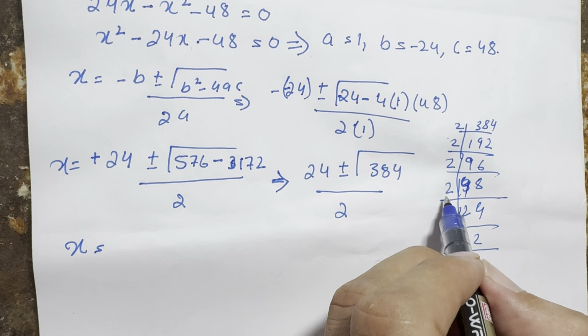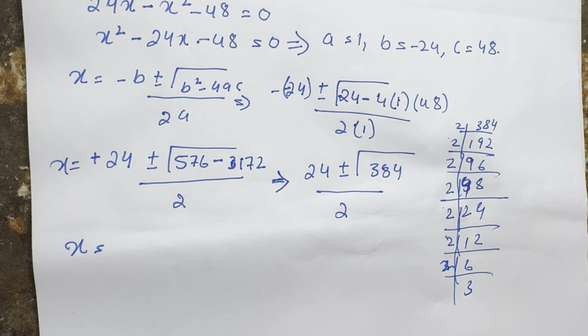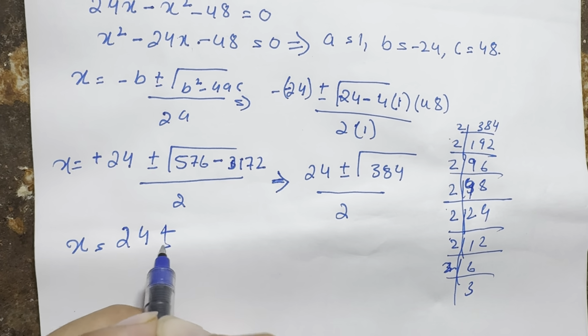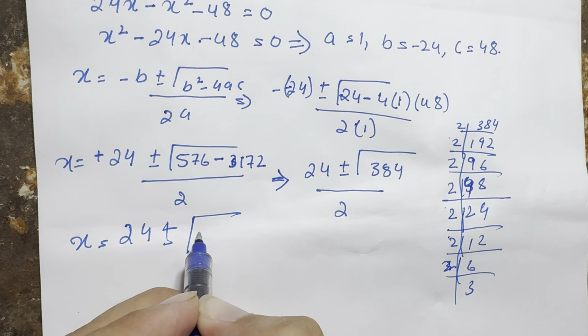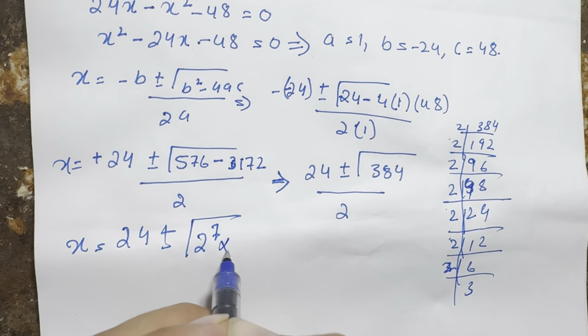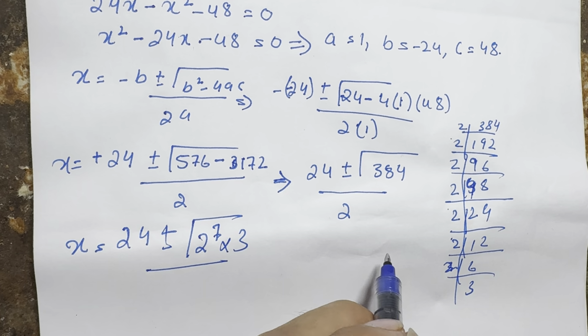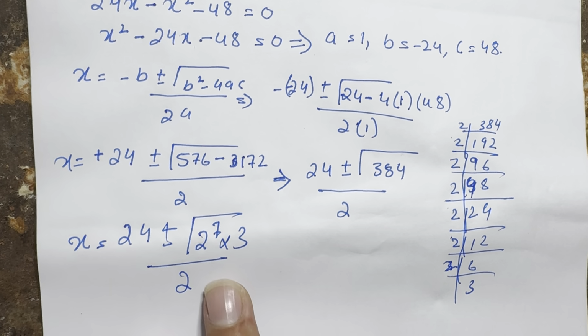So counting 1, 2, 3, 4, 5, 6, 7, there are seven 2s, so I can write 384 as 2 power 7 multiplied by 3.